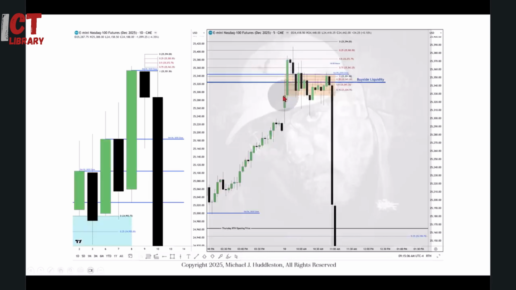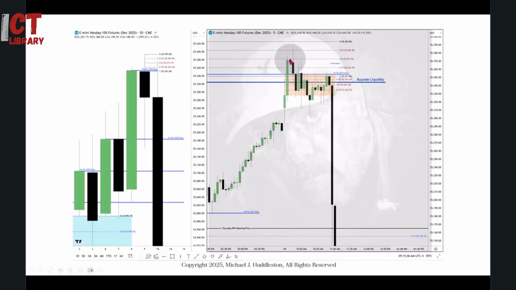Inversion fair value gap. Small little volume imbalance in here. You'll check your price to see it. It's very small, but it's there. Market trades up. Falls out of bed. 3 stages of smart money selling above an all-time high.